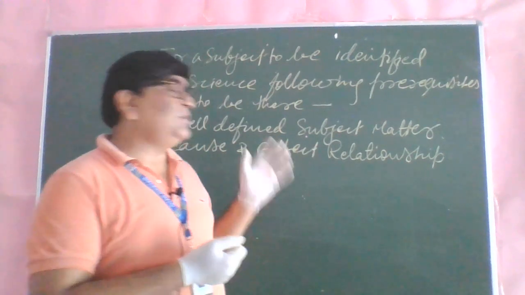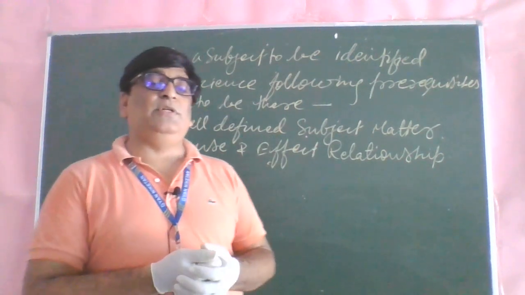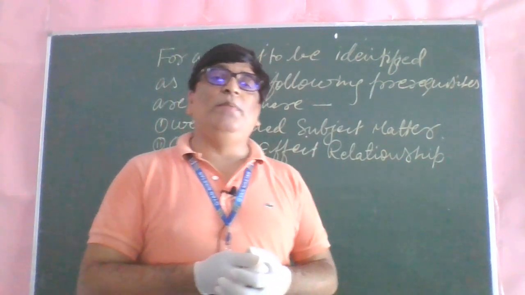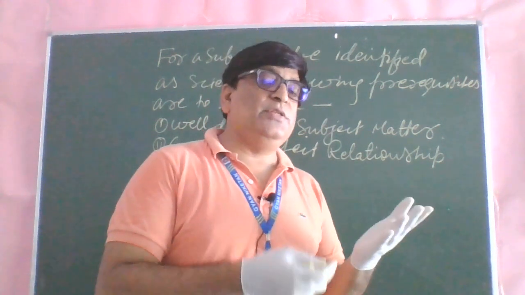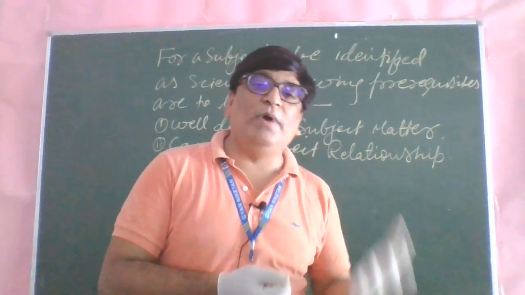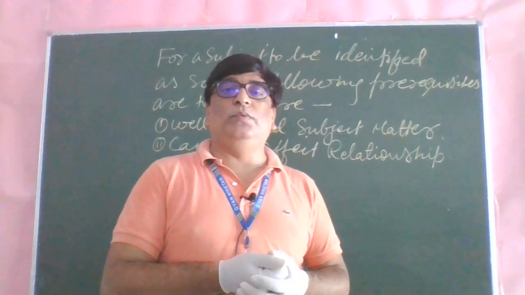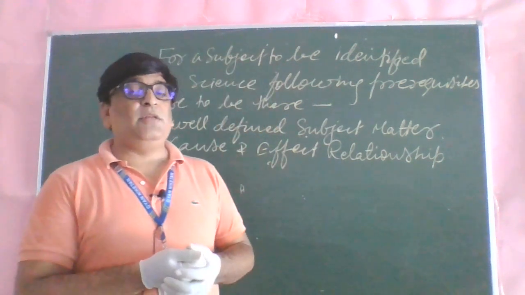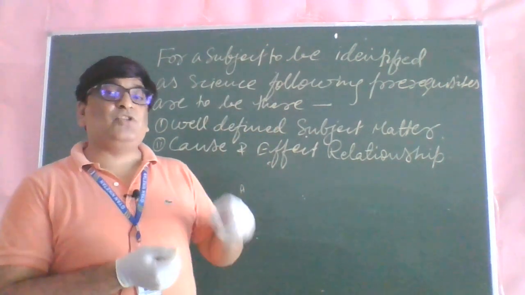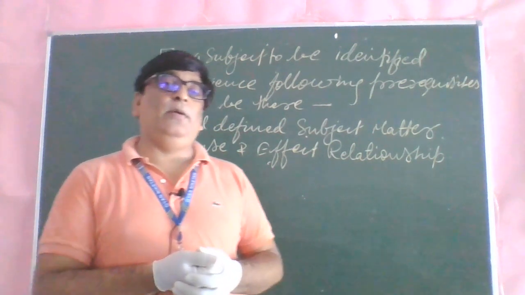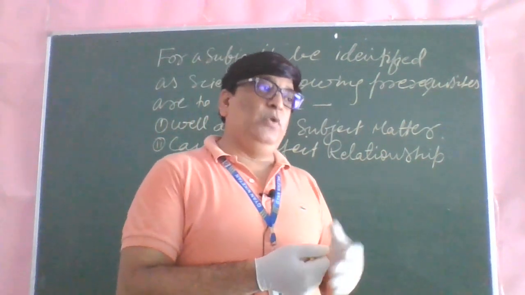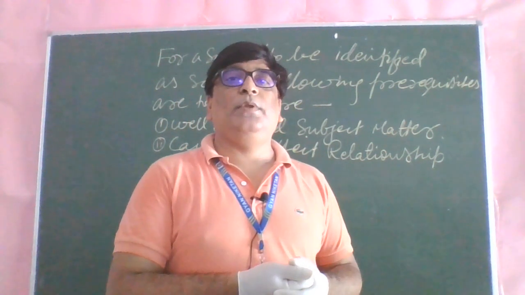But in economics, you may not get the same result. Like in the law of demand, we say if the price of a commodity increases, its quantity demanded will come down. But it may vary. Person to person, it may vary. With time, it may vary.